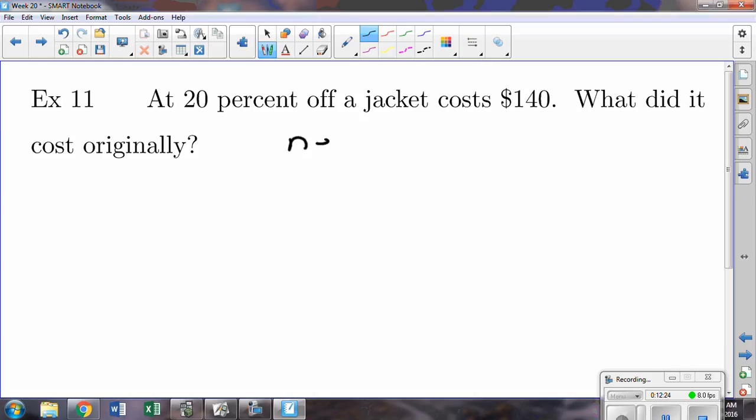We know the new value is equal to the percent of times the old value. So we would have to recognize the $140 is the current or the new value.